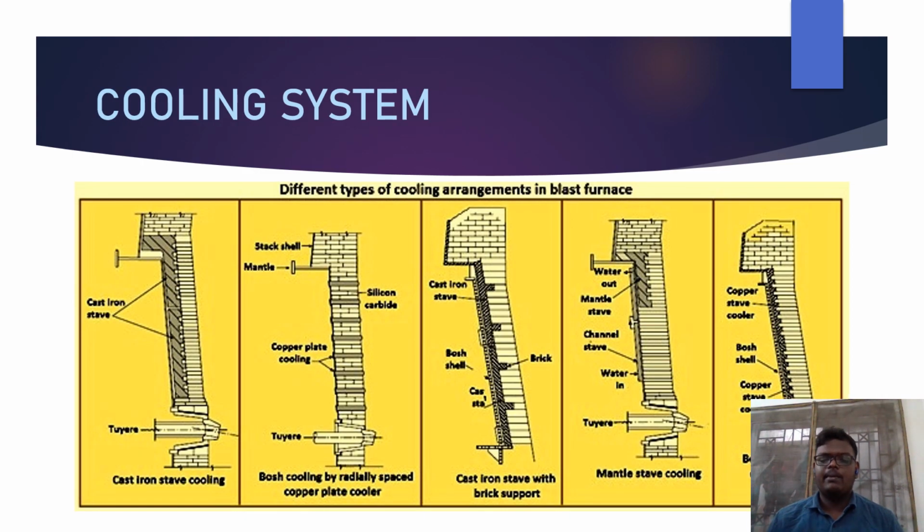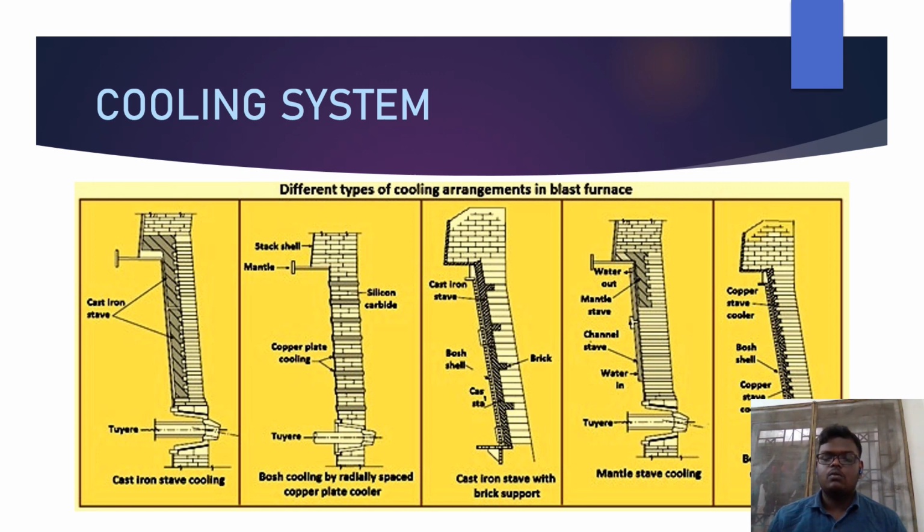Cooling system in a blast furnace. The function of the BF cooling system is to cool the furnace shell and prevent overheating and subsequent burn through. The cooling system removes the excess heat generated in the blast furnace, which is otherwise loaded on the shell. The cooling system hence prevents the increase of the shell and lining temperature.